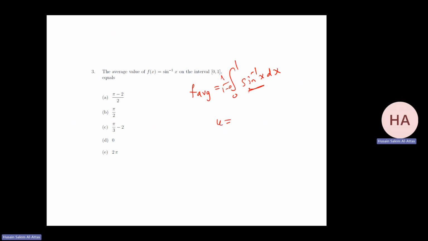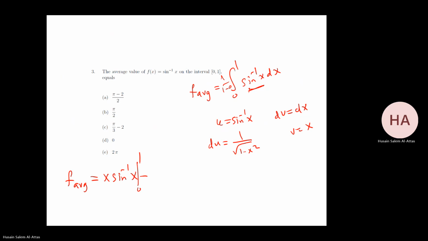I have u is sine inverse of x, dv is dx, so v equals x, du equals 1 over square root 1 minus x squared. So f average will be uv, x sine inverse of x from 0 to 1, minus the integral from 0 to 1 of x over square root 1 minus x squared dx.